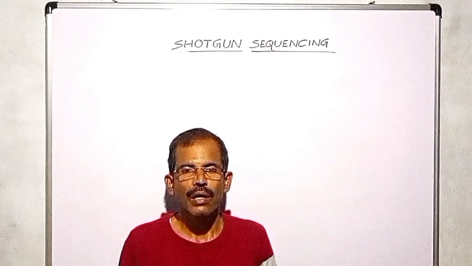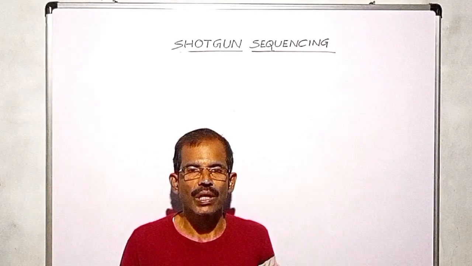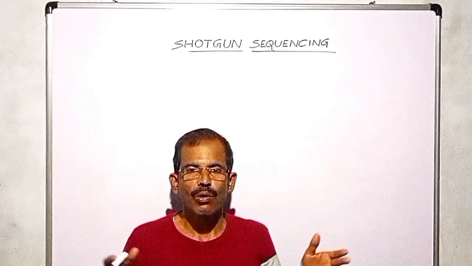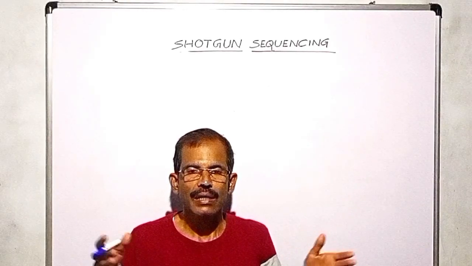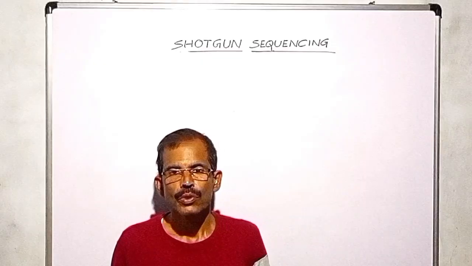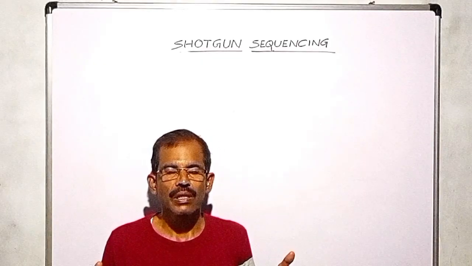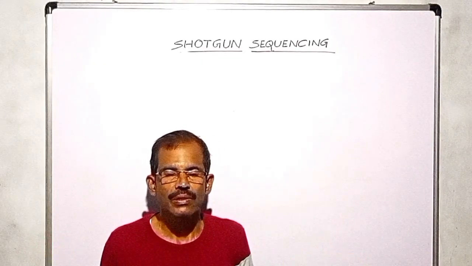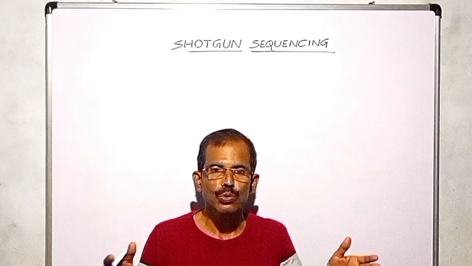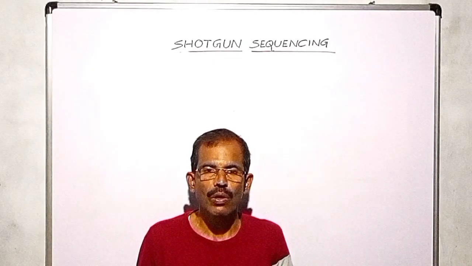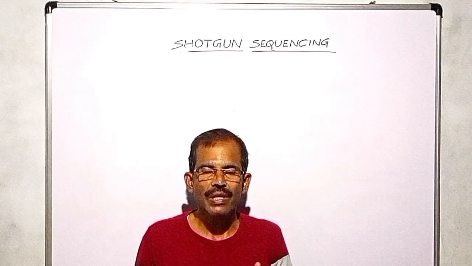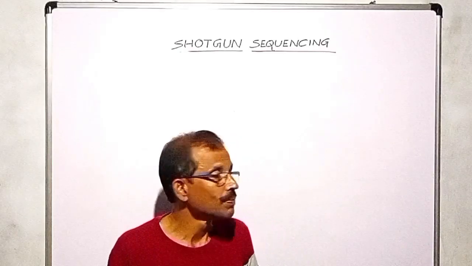The librarian who pieces together all the strips based on the overlapping acts like the computer program. Shotgun sequencing is a highly efficient process that is widely used to sequence long DNA molecules, chromosomes, and entire genomes.